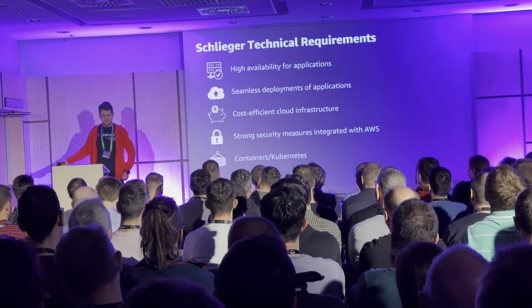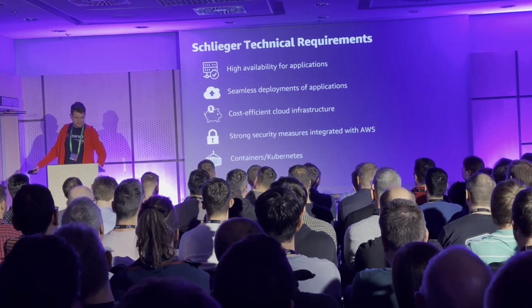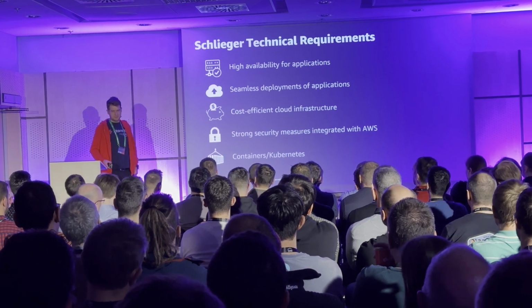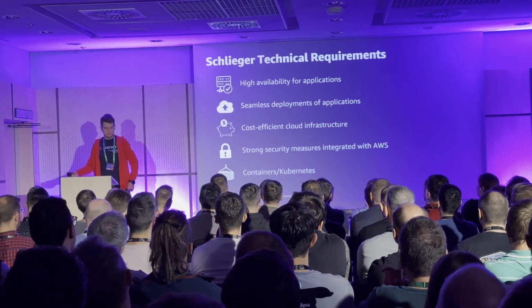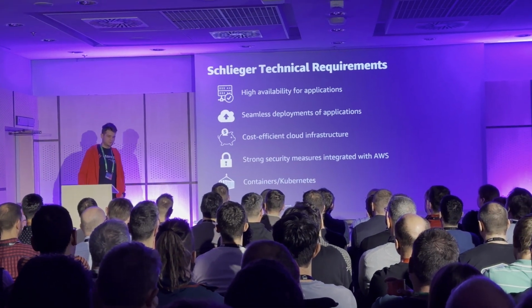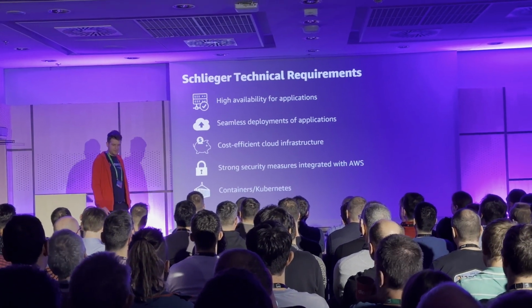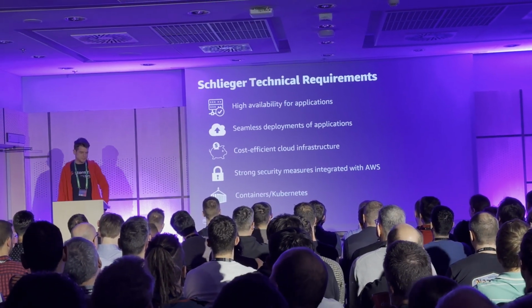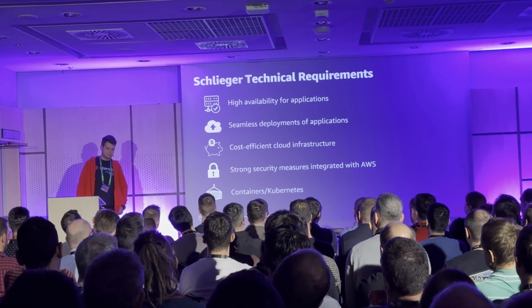They wanted a highly available application, so we tried to do it. They wanted seamless deployments because, from what I have seen working with them, they want to deploy a new version, new stuff, almost every day. They definitely wanted cost-efficient cloud infrastructure, so that's what we tried to do for them.